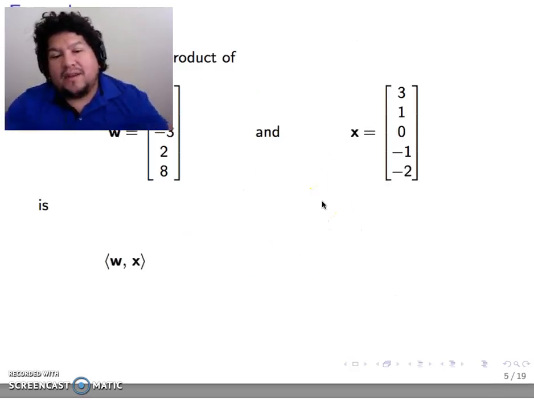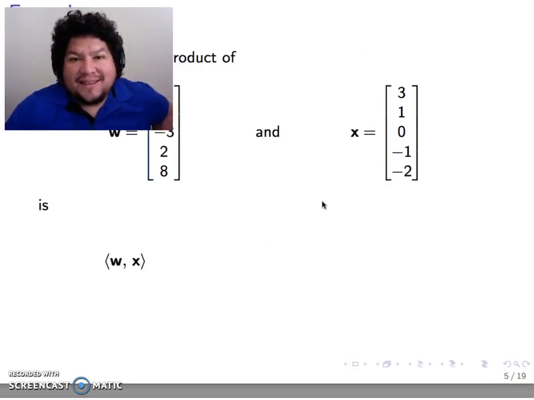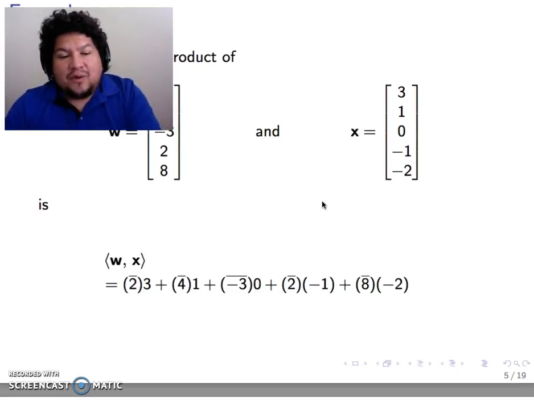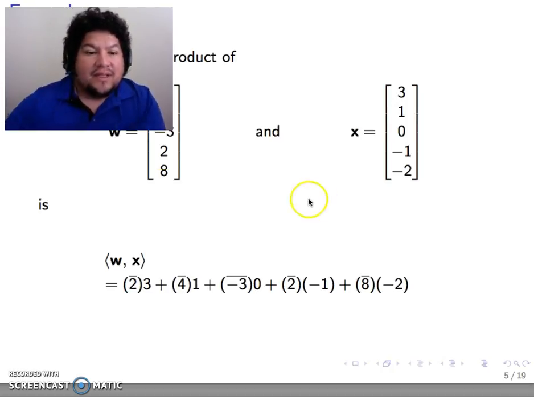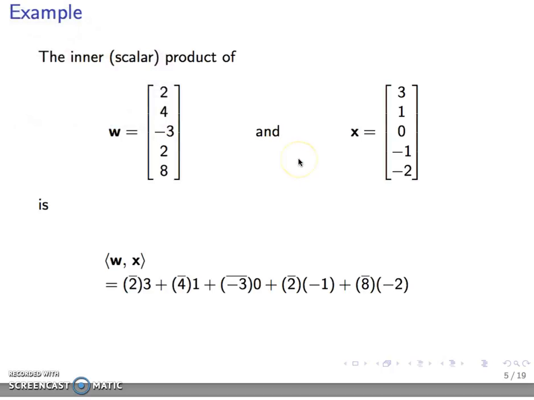So when the complex numbers have 0 imaginary part, the calculation of conjugates is rather straightforward. That makes the calculation of inner products for vectors with such numbers much more straightforward as well. So again, here is the vector w, and you can see that the entries of that vector are 2, 4, -3, 2, and 8.